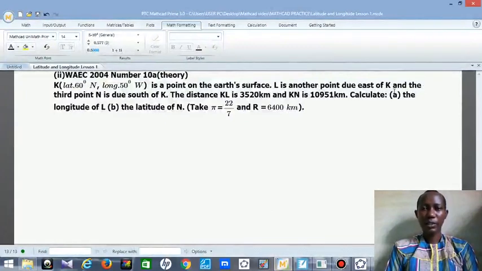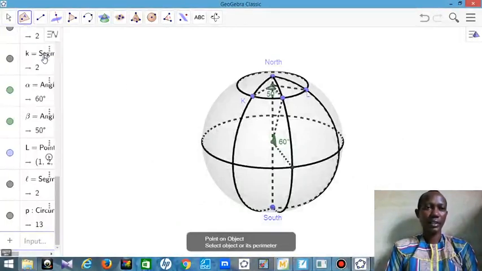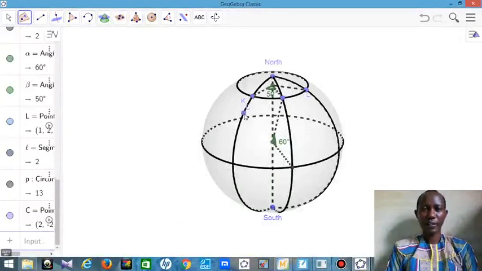Okay, that is point N. It said the third point N is due south of K. So let's locate point N now. So this is K, N is due south of K. So if I have a point, let me place the point here.